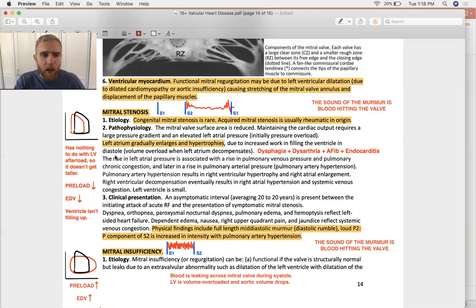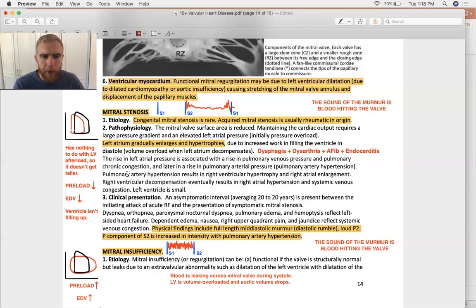And that means that end-diastolic volume is down too, which is why the right side of this is going to be pulled to the left, right? So because the entire pressure volume loop is moved to the left, that means that preload's down. But everything else is fairly normal, because once blood gets into the left ventricle, well, it's home free. There's nothing disturbing its ability to get out of the left ventricle successfully during systole. So that's the PV loop.